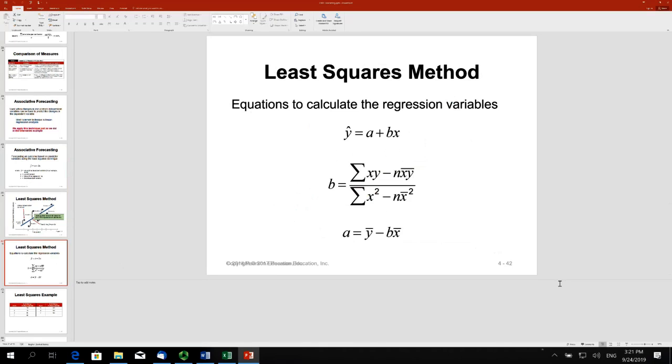These are the formulas we need to use. We need to calculate xy and x bar, y bar, and x squared we did, and x average.